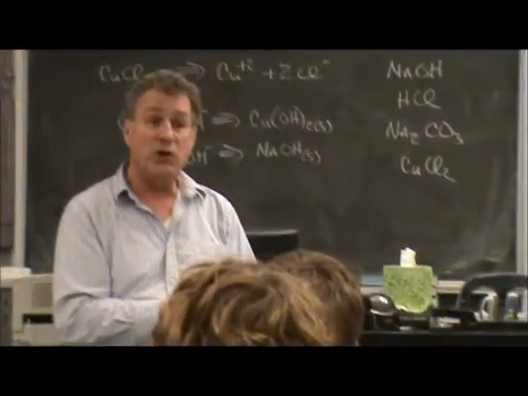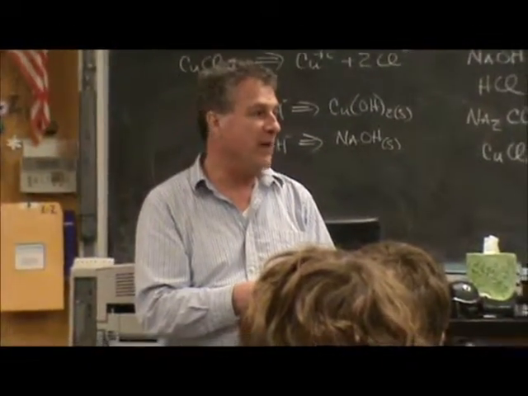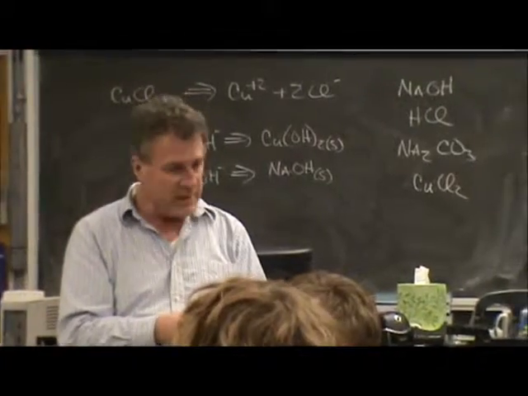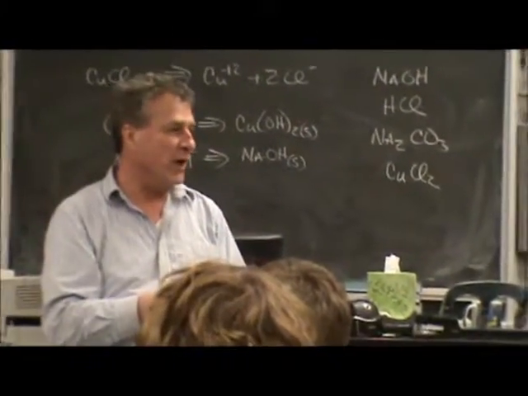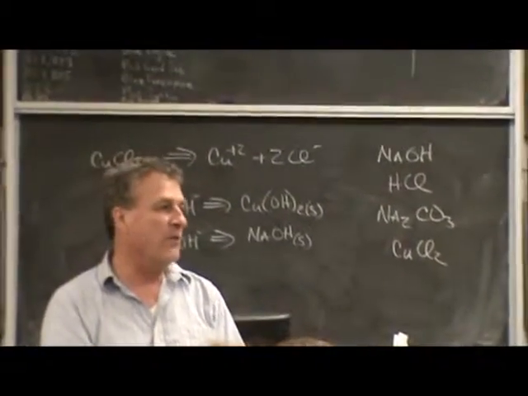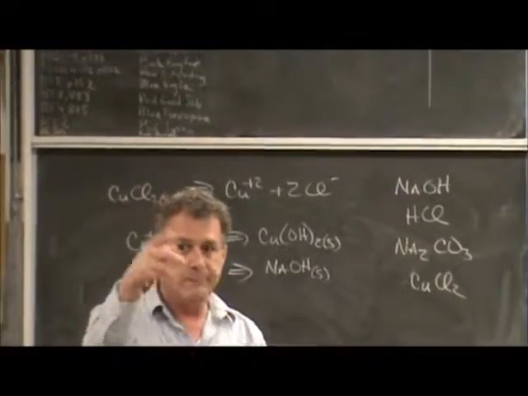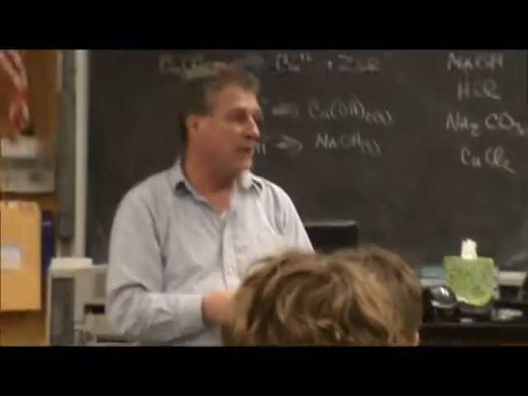How good is a positive ion at attracting hydroxide ions? And what is it that you have that gives you an idea about how strong an attraction a positive ion has for hydroxide ions? Rule number, whatever it is, about the solubility of hydroxides.